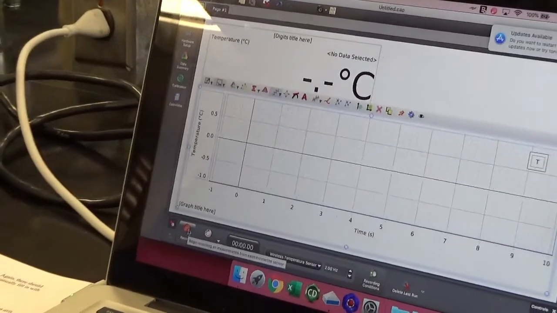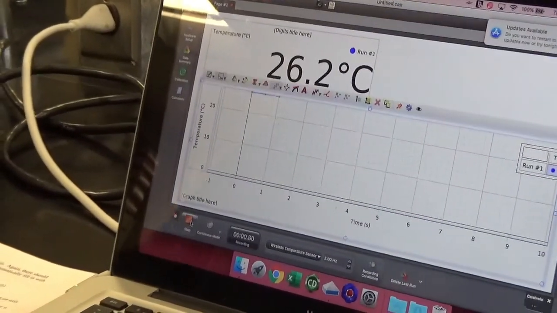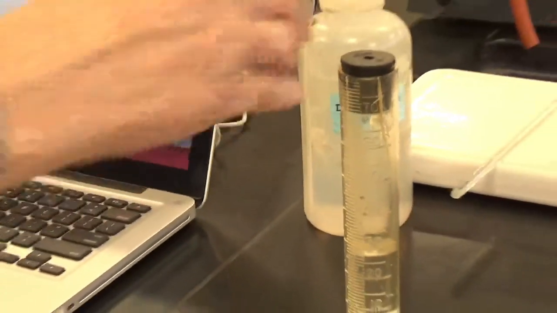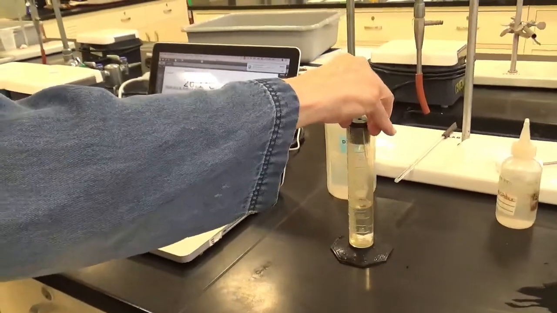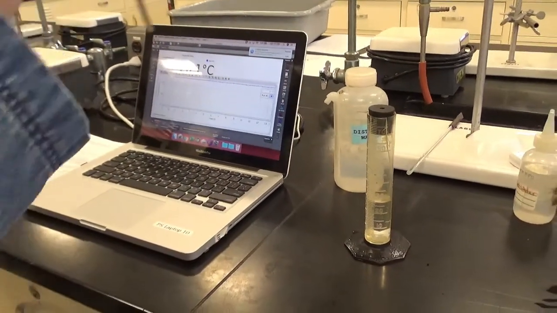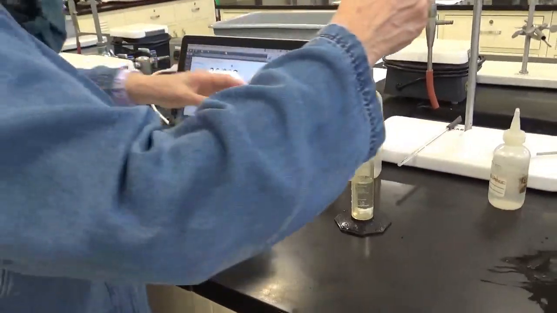Now, as you saw us do, Mrs. Syak already put the 25 milliliters of pure distilled water in there, and then we put a stopper on it. And we're going to take the temperature probe and put it inside. All right, so we're going to put this in here.